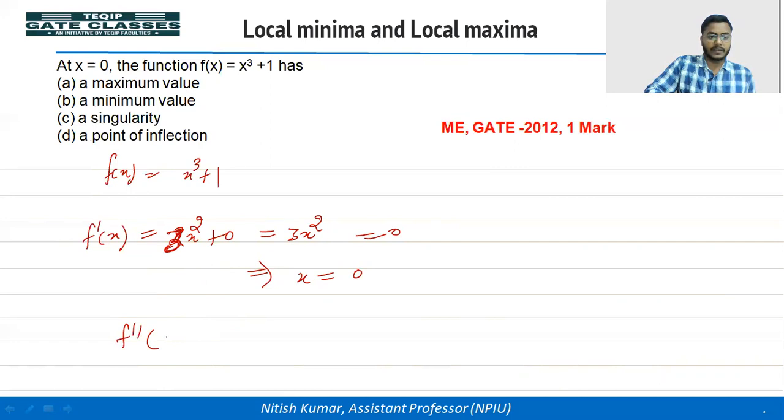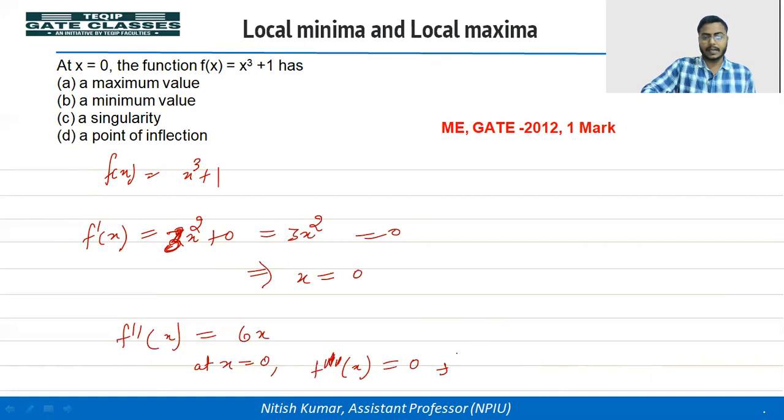So do the double differentiation also. So what you are getting is 6x. Okay. So at x is equal to 0, the double differentiation is also 0.